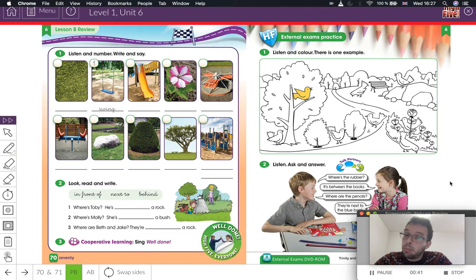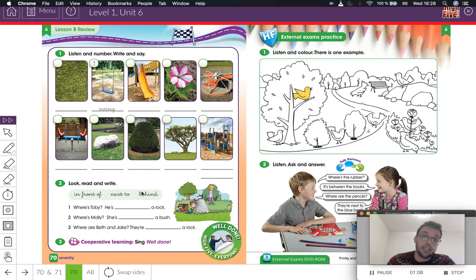So before we start, let's practice the vocabulary just to remember all of the words. Okay, so the vocabulary was things in the park, like grass and rocks, things in the playground, swings and slides, and directions.